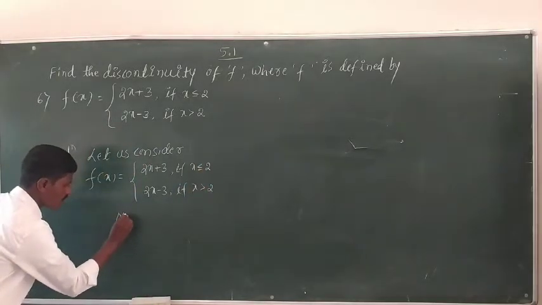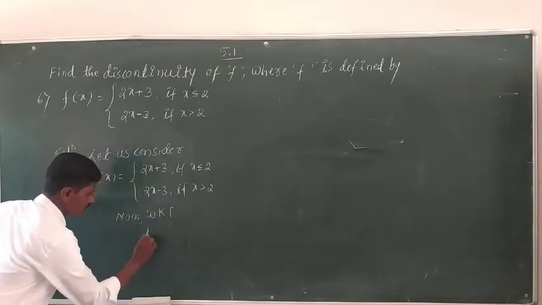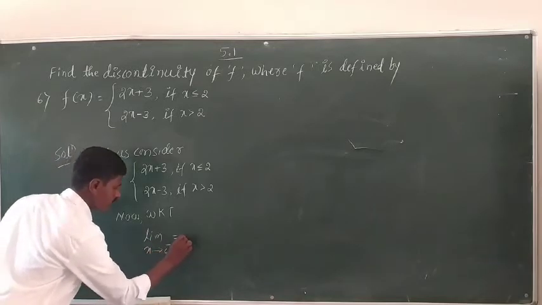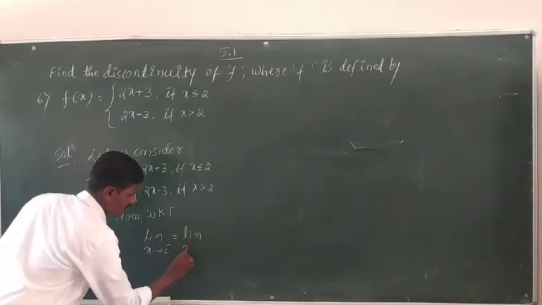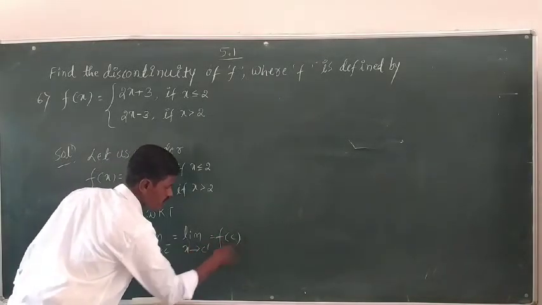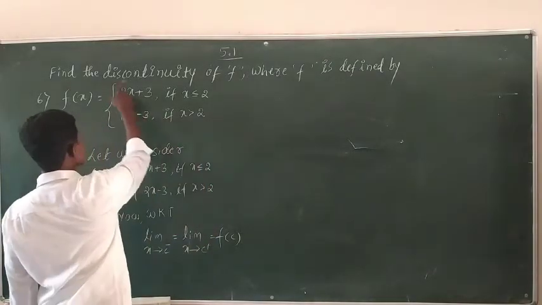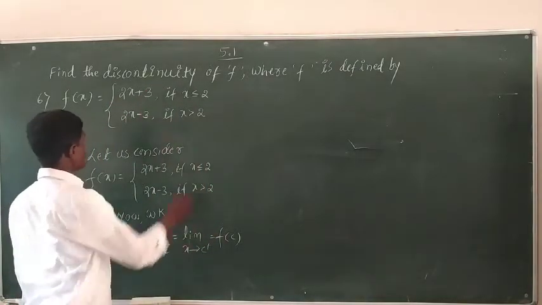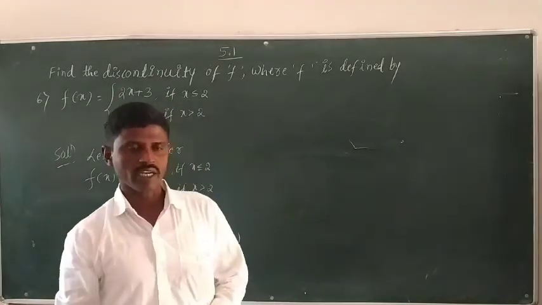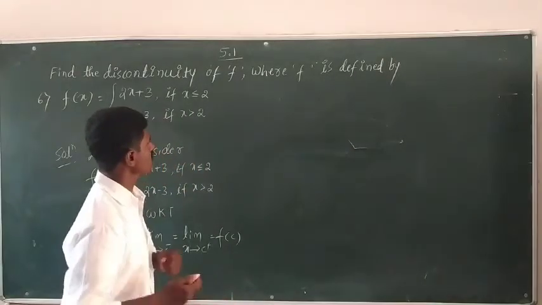Now we know the identity: limit as x tends to c minus equals limit as x tends to c plus equals f of c. We use this formula to check the point of discontinuity. Here they ask to find the point of discontinuity if it exists, otherwise the function is continuous.